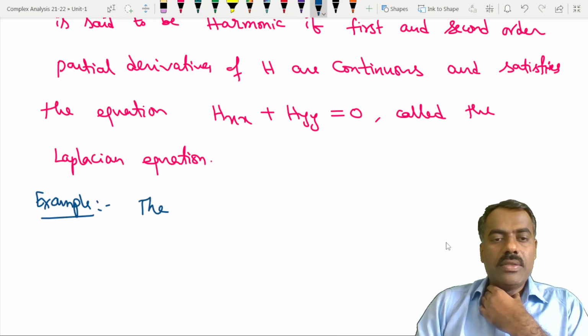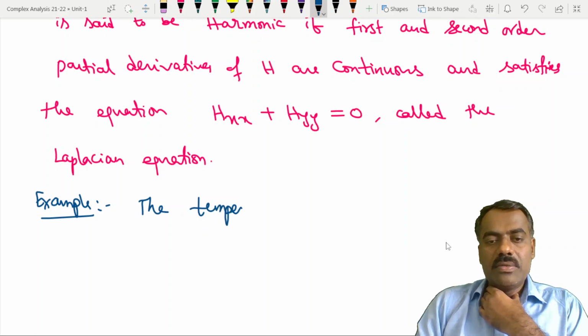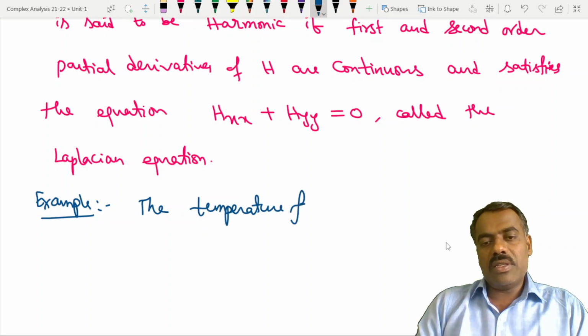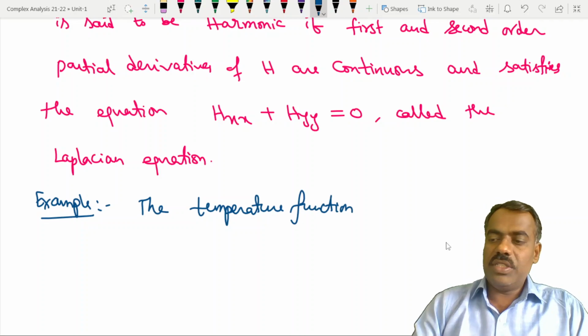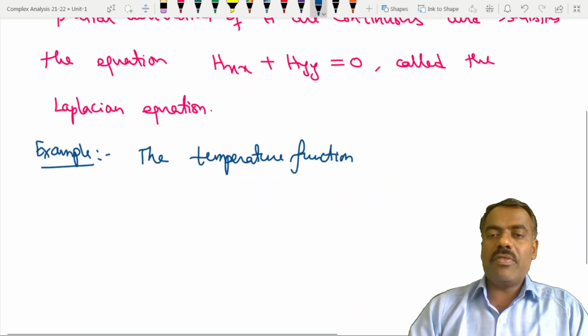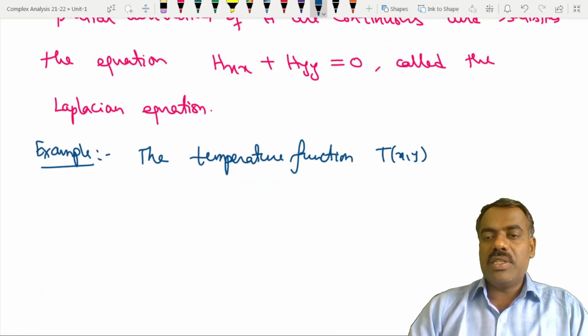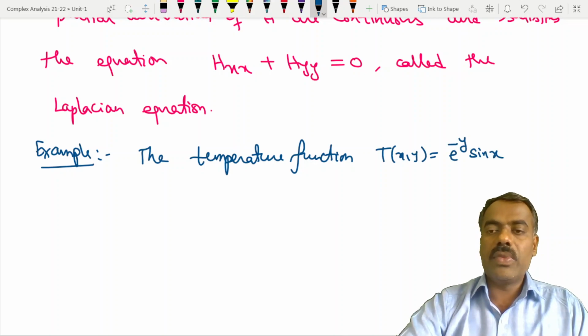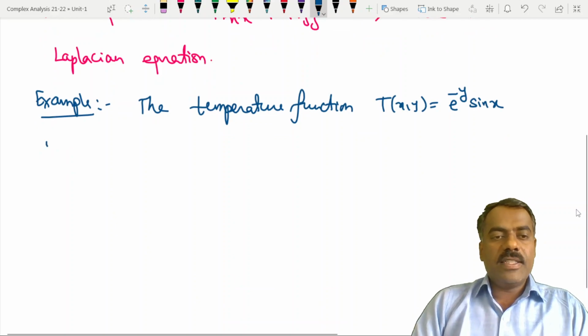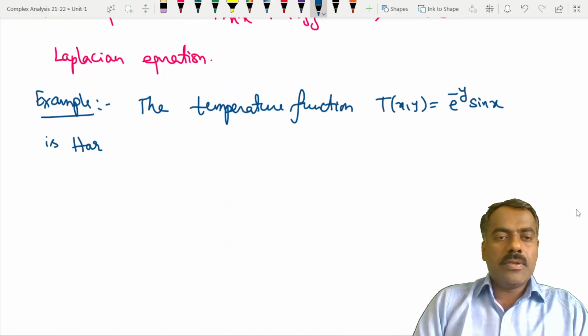The temperature function which you can denote by T of x comma y, which is e power minus y into sin x, is harmonic. This is harmonic in the entire complex plane.